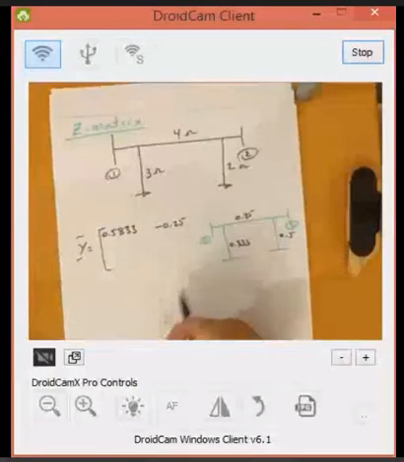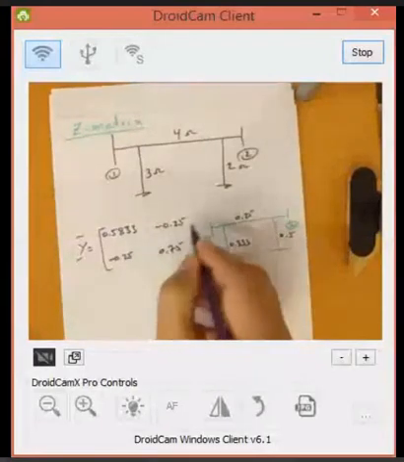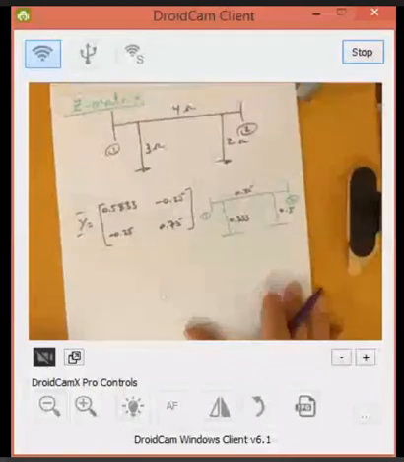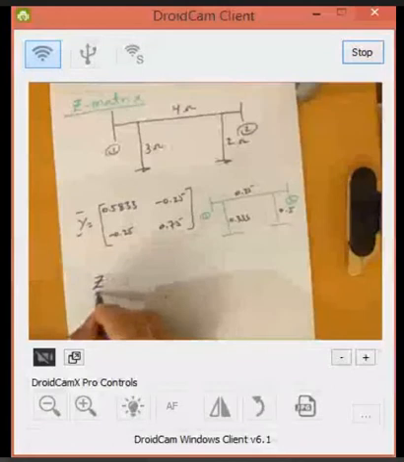To find the Z matrix, that can be found by using the Y inverse.